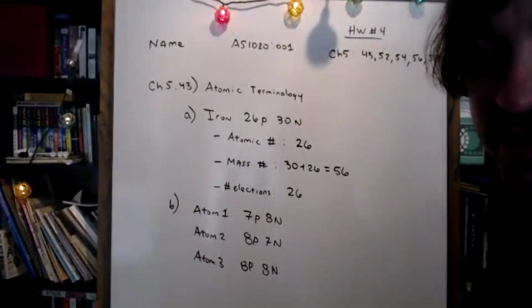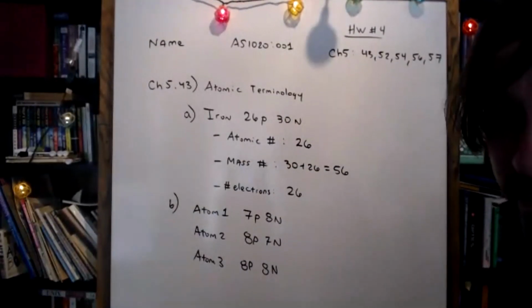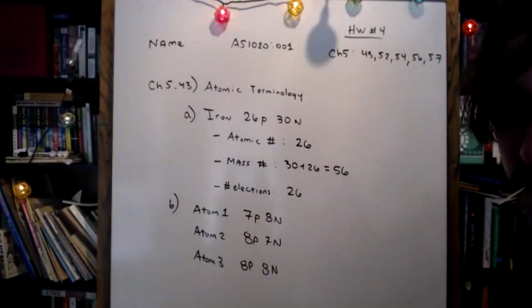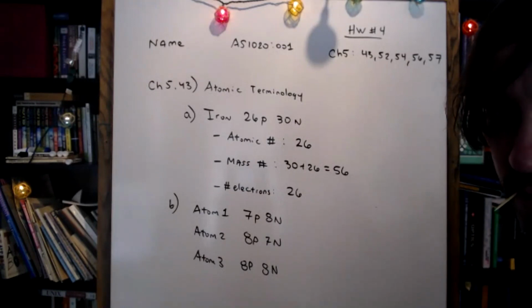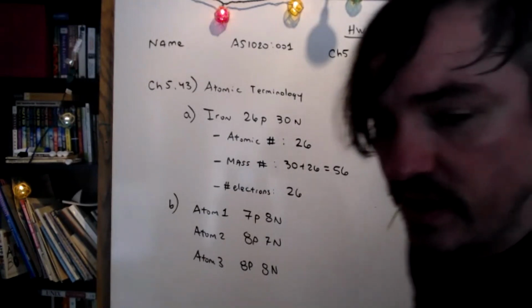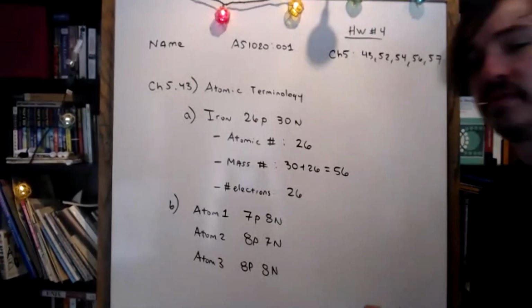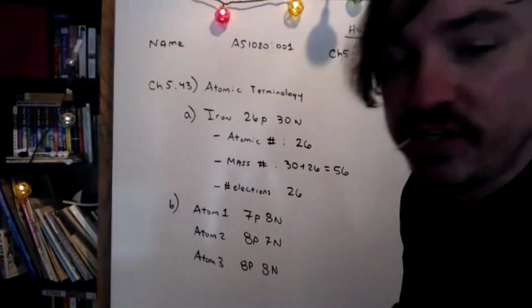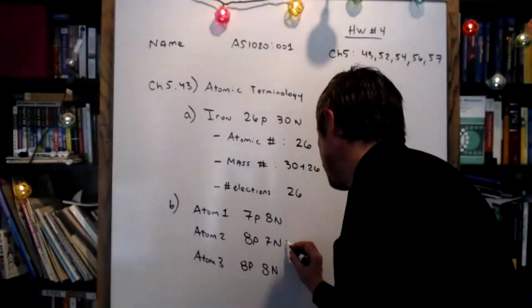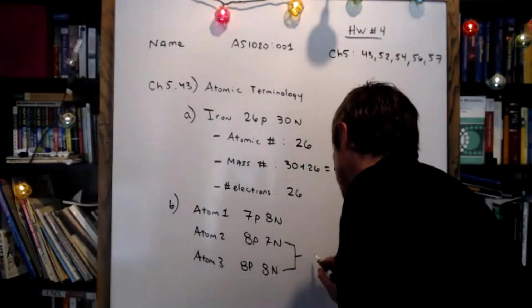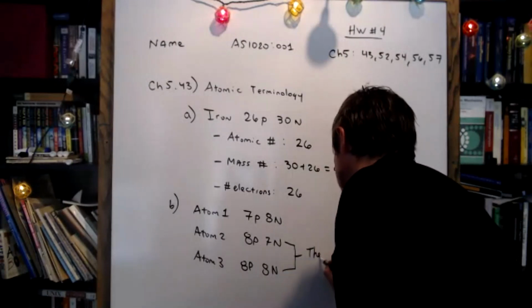Yeah, so which are isotopes? They all have different protons. Well, not exactly. Oh, no. Atom 2 and atom 3 are isotopes. Yep, and Gianna got that as well in the troll house. These are isotopes.